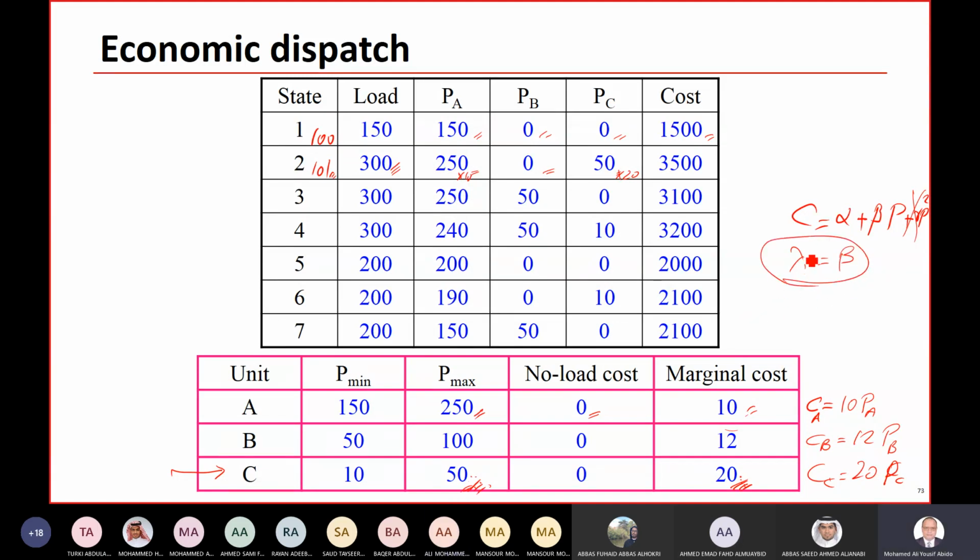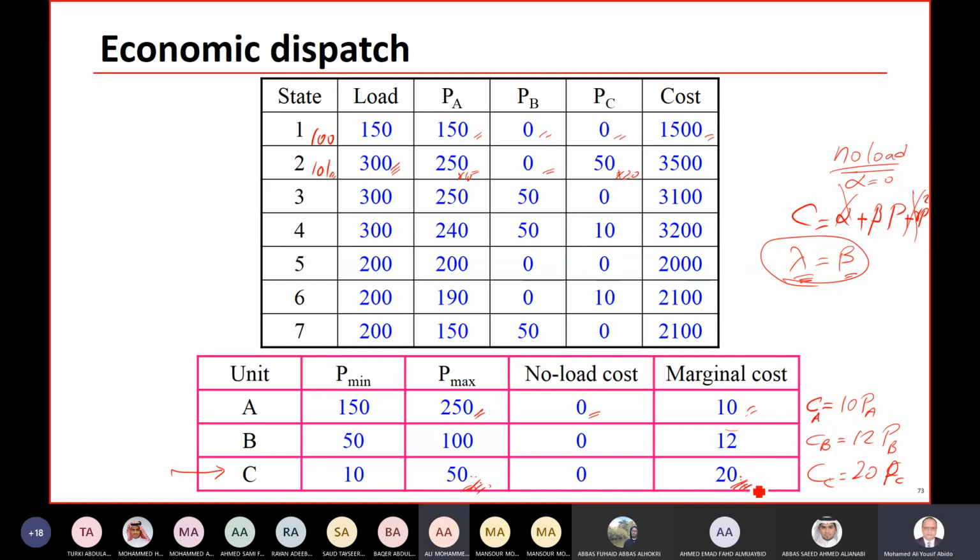The incremental cost, lambda, in this case equals beta, even if there is no load cost. And with no load cost, alpha equals 0, you have only a cost function equal to beta p, and the incremental cost equal to beta. So this is the case now.